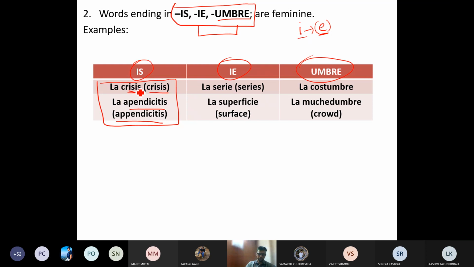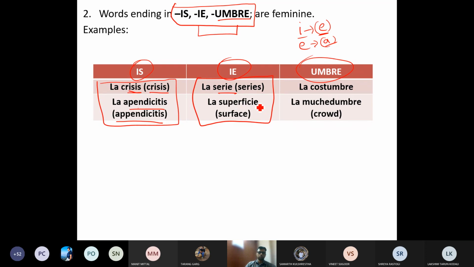So la crisis, and I also told that the letter E of Spanish is pronounced as letter A of English. So that will be la apendicitis, and it is la crisis. Same way, here also you have to be careful with the pronunciation part.